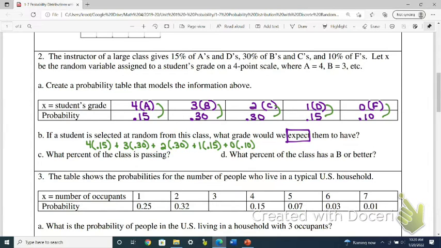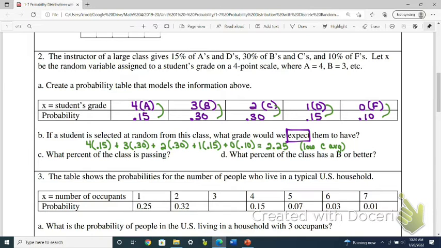And I add that all up and I get 2.25. So a 2 is a C. So 2.25 is like a low C average. So anytime we see expect, you take the value times the probability and add them all up.